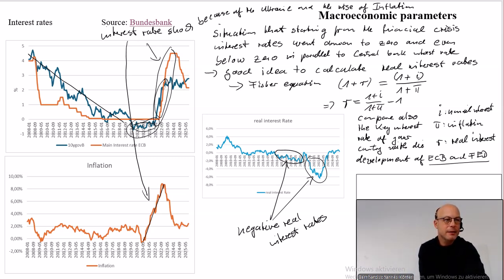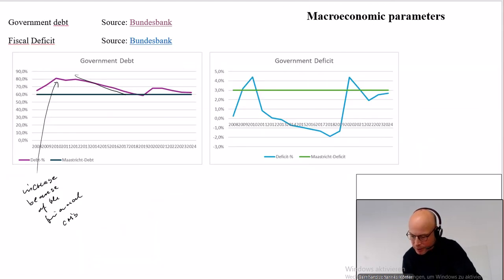And this meant that we could finance via credit, getting 100 and, so to speak, repaying only 99. And so, because of the interest rate situation, we were more or less earning money for the fiscal balance in the German economy. And maybe you also find such a situation for your country.